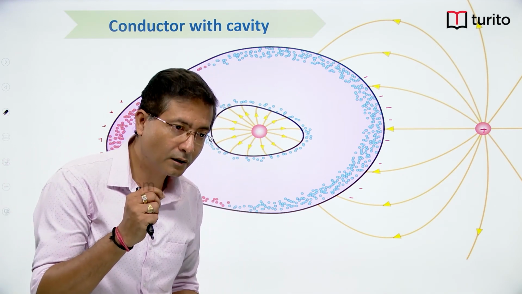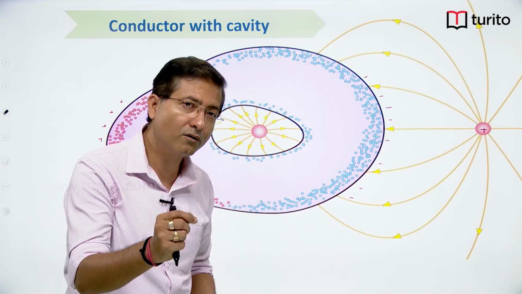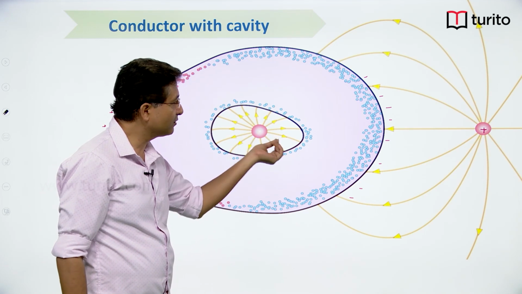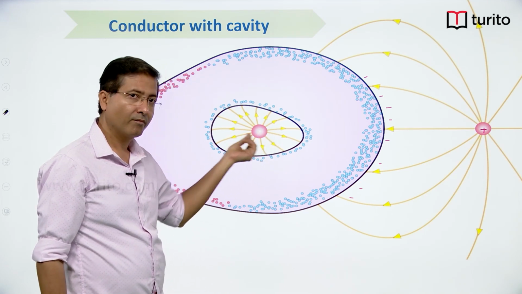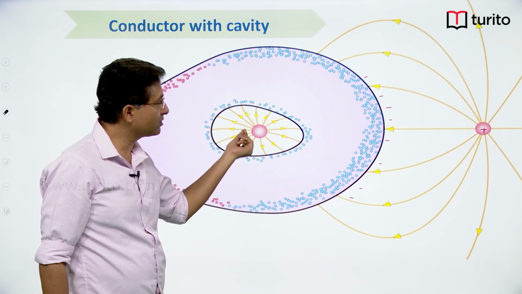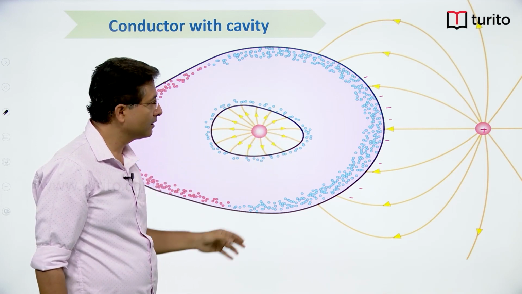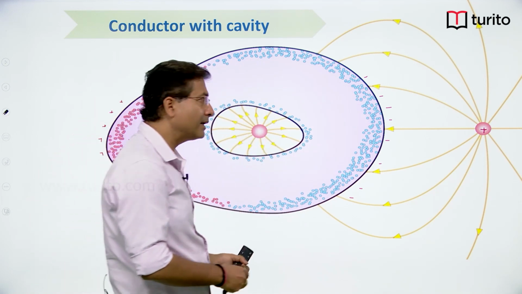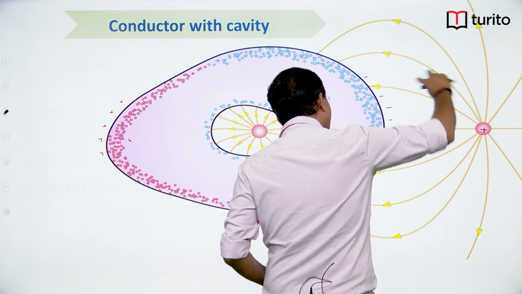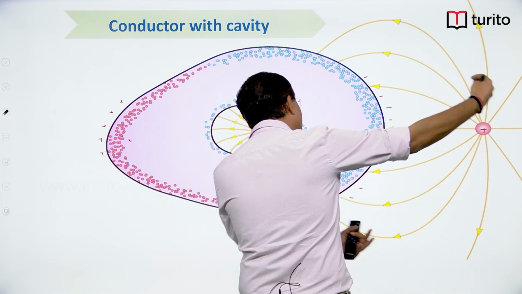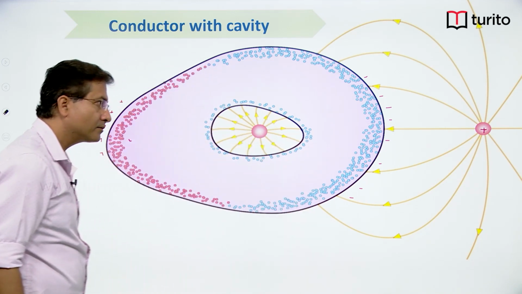So, the distribution on the wall of the cavity can only get altered when the inside charge gets displaced. So, this distribution will only be affected when this charge gets displaced, and the outside one will be affected when I bring another charge outside the conductor, or instead of putting a charge I can put an electric field here, right.